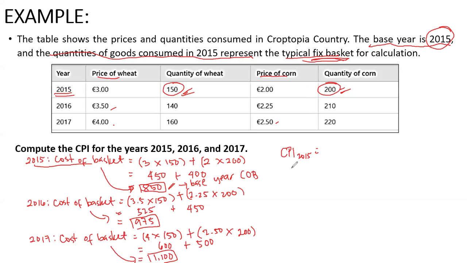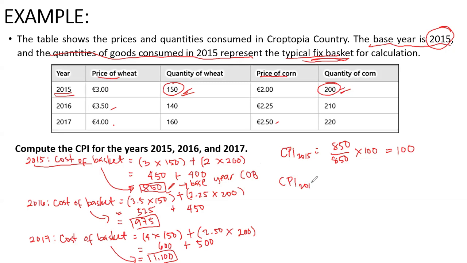So the CPI in 2015 is 850 divided by 850 times 100. 850 divided by 850 is 1, times 100. There is no unit for the CPI because it's already an index.